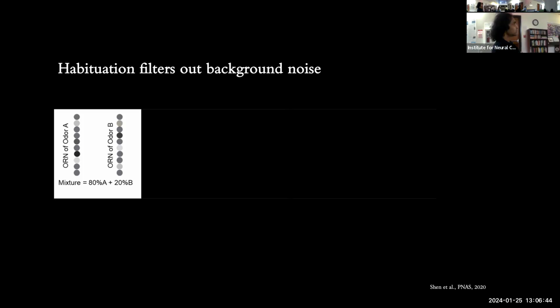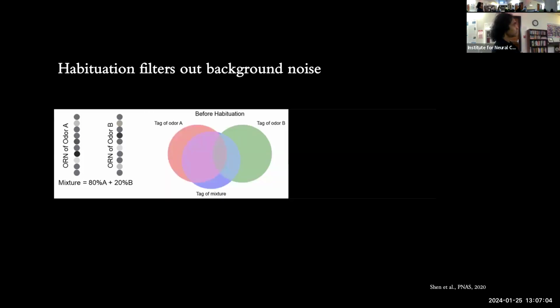However, odor A is the background here that we want to filter out, and we want to detect the faint odor B. You can see that if there's no habituation whatsoever, the tag of the mixture will be very close to odor A. There's a big overlap between the tag of the mixture and the tag of odor A, and the tag of odor B only slightly overlaps with the mixture.